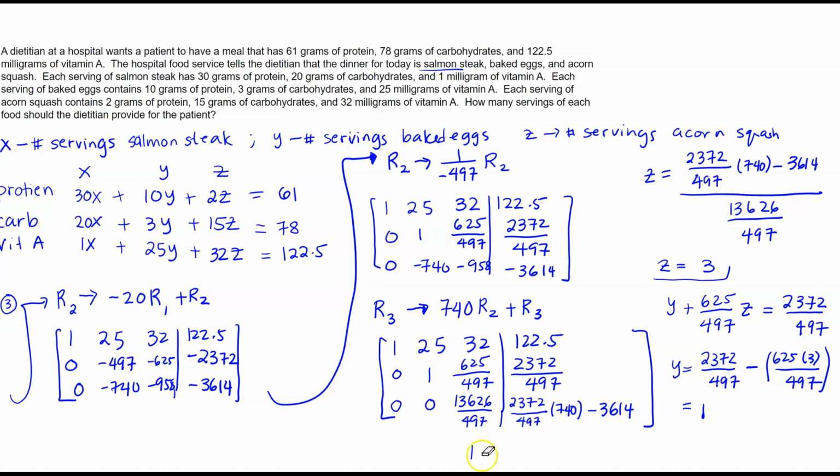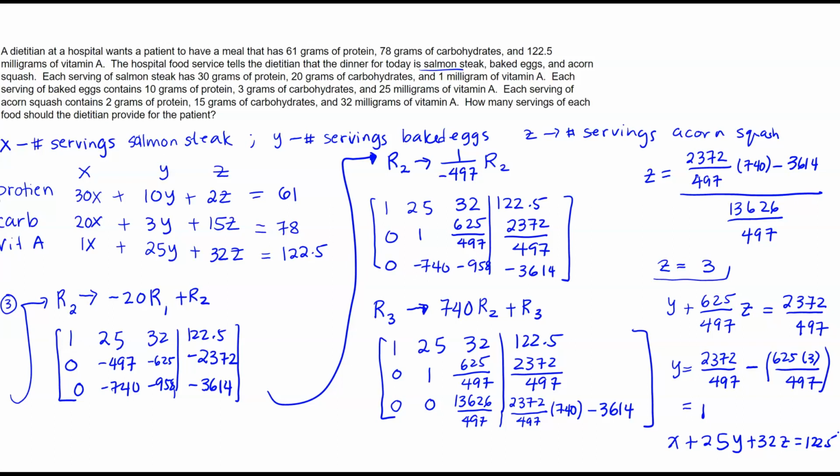Then the next part is you would use the first equation here. The first row indicates that x plus 25y plus 32z is equal to 122.5.